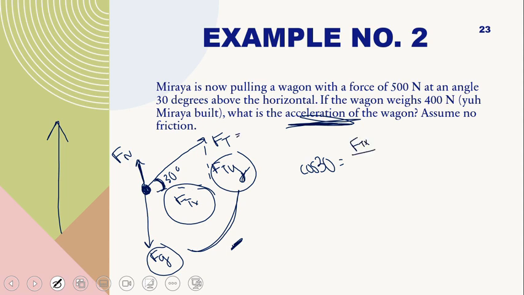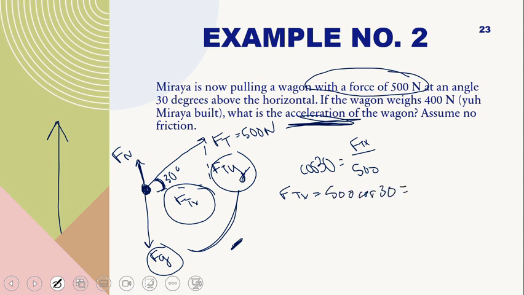Now we know that FT is equal to 500 newtons because that's the force she pulls the wagon with. So we have that FTX is equal to 500 cos 30, which is about 433 newtons. And this is our net force.